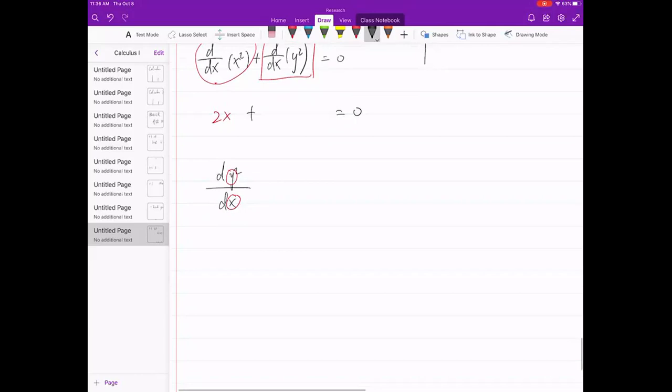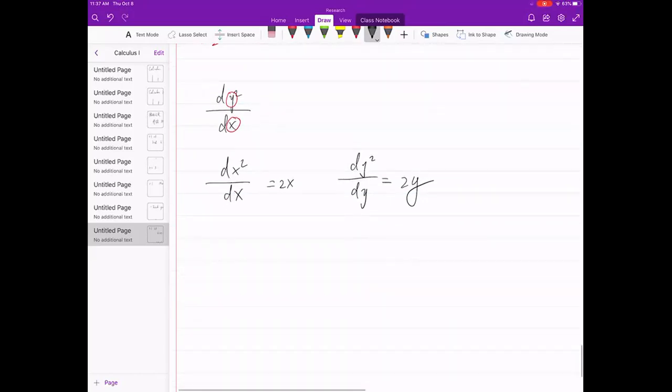I certainly know this. If they're both x, the answer is 2x. If they're both y, the answer is certainly 2y. Still okay? But we have the worst case. That is, on the top is y, on the bottom is x. Well, then you need to ask yourself, what is this? At least I can do this for dy.